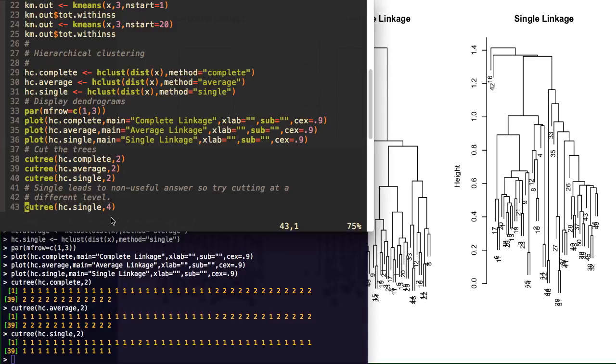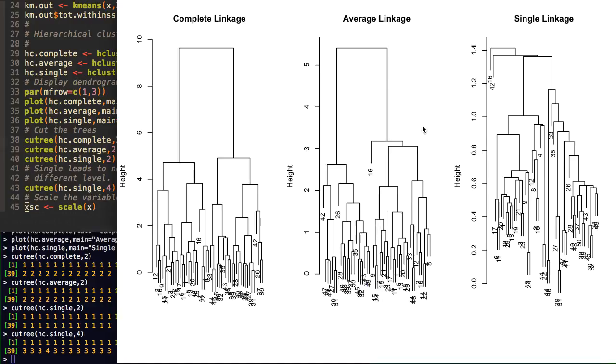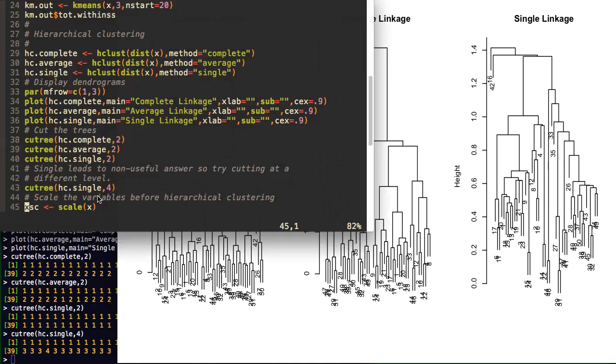So let's try cutting at a different level to get a better picture. I think what we had was observation 16 was in another cluster, and then everything else is in one cluster, whereas the tops of these are the tops of 2 bushy trees.